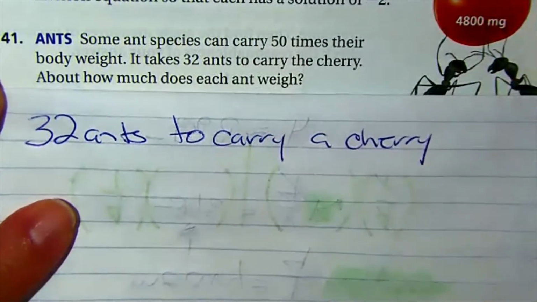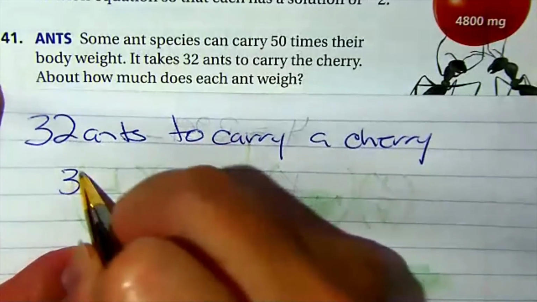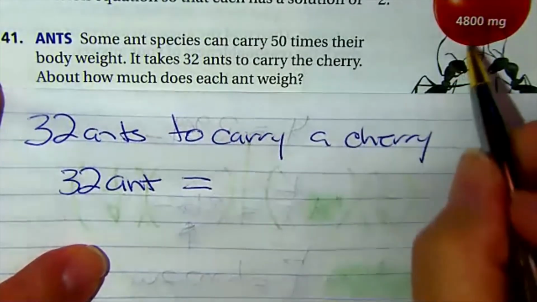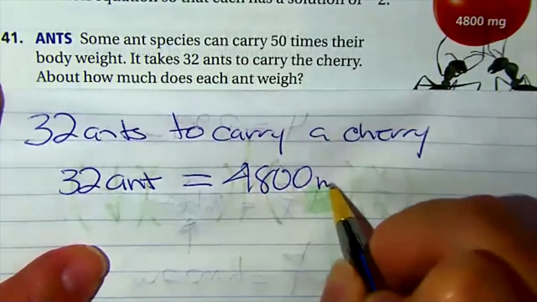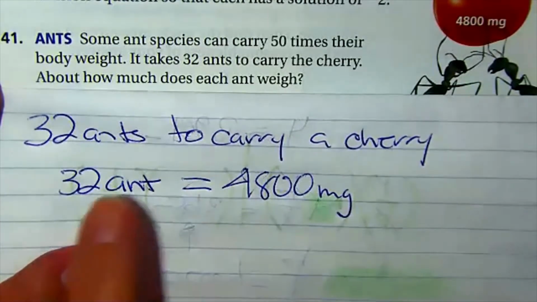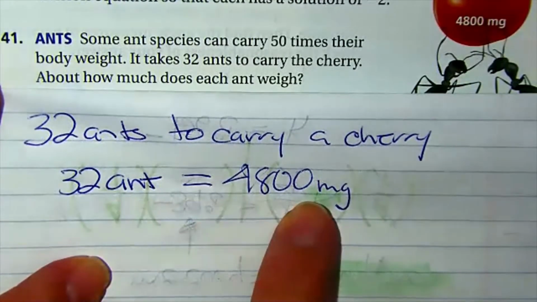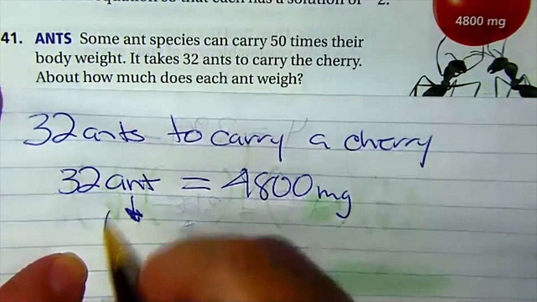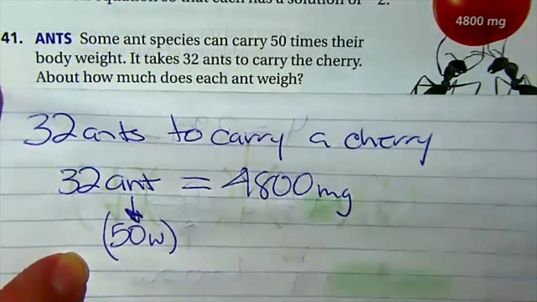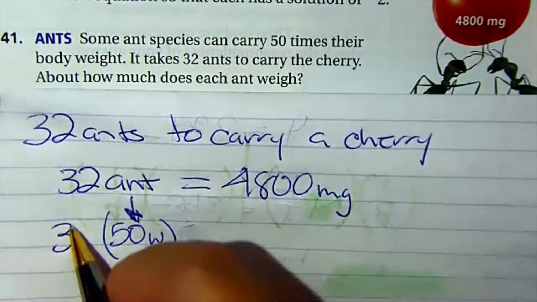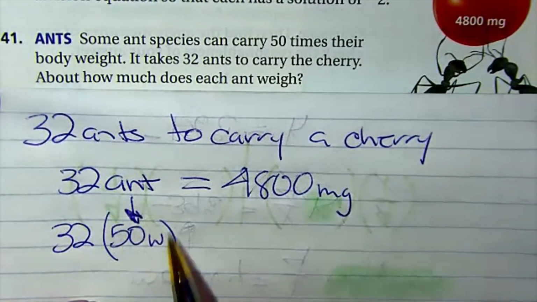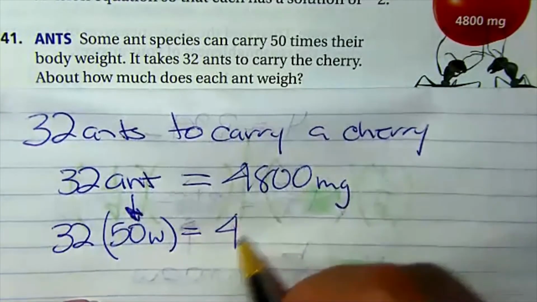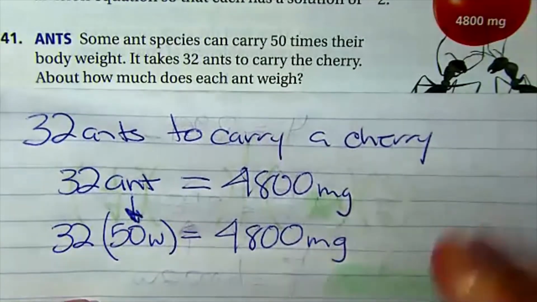So I'm seeing 32 ants to carry a cherry is going to be equal, and the cherry is 4,800 milligrams. 32 ants to carry 4,800 milligrams. Okay, and now they're telling me an ant can carry 50 times his weight. So 32 single ants that can carry 50 times their weight can carry 4,800 milligrams.